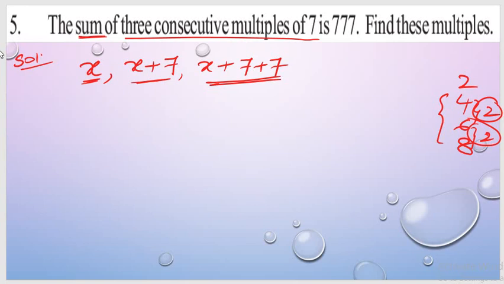So from this I can say x, x plus 7 and x plus 14 are my three consecutive multiples of 7. If I add these three, the sum of these three consecutive multiples of 7 is 777.